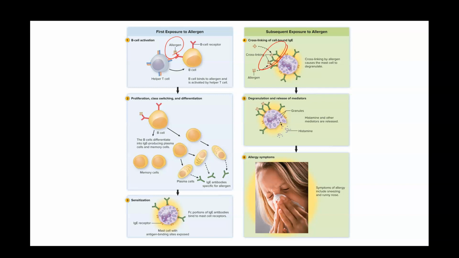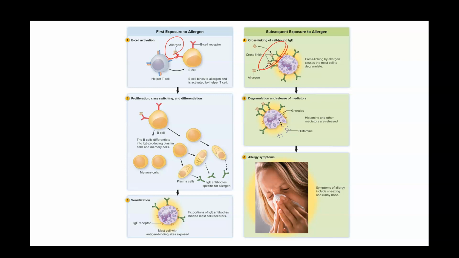Again, remember that in a typical infection, the adaptive immune response doesn't occur until, at the earliest, maybe 2 days after exposure, because we have to go through B cell activation, helper T cell signal response, signal amplification, plasma cell development, all of those steps in the typical adaptive immune response.